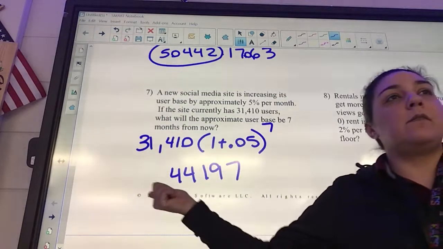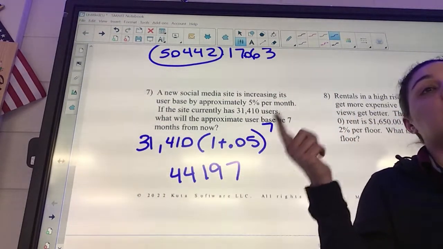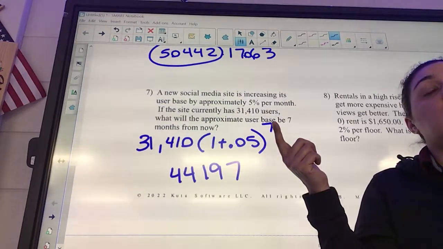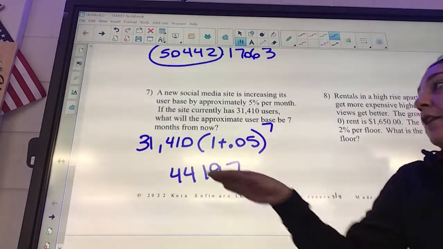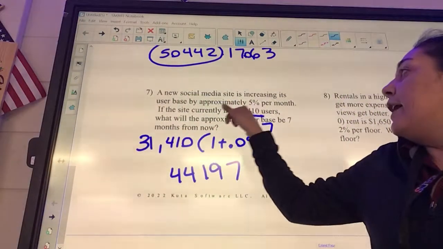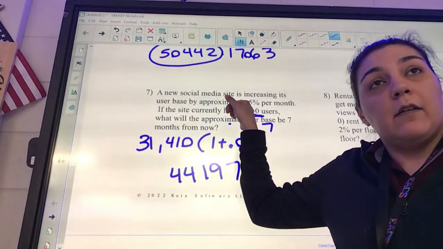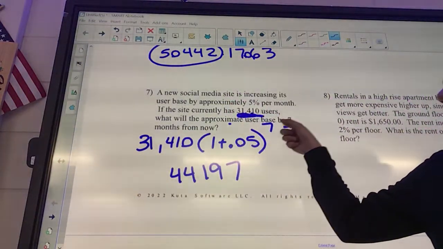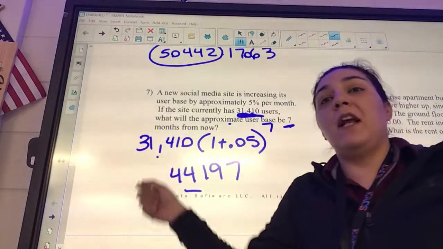Does that make sense? So we started here at month 1. 7 months later, I have more users, so this number should be more than our starting amount. If it's not, something's wrong. Okay, flip your page over.